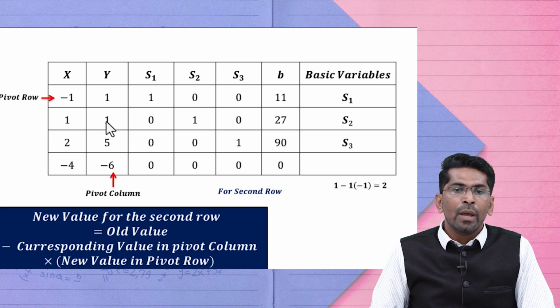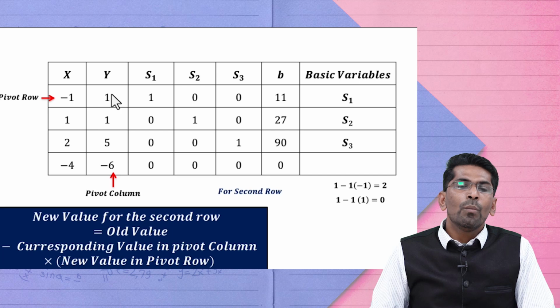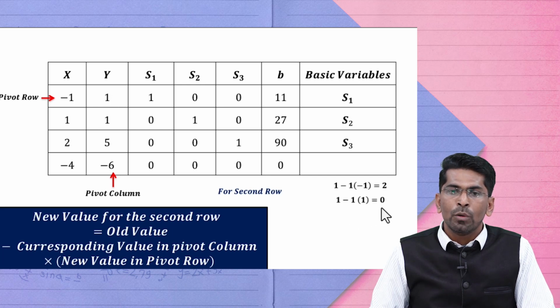Similarly, the second value, that is 1 minus the corresponding value in the pivot column, which is also 1, then the new value multiplied, that is 1. So it is 1 minus 1 into 1, which is equal to 0. Similarly, the third element, that is 0 minus 1 into 1, the new value, which is equal to -1.